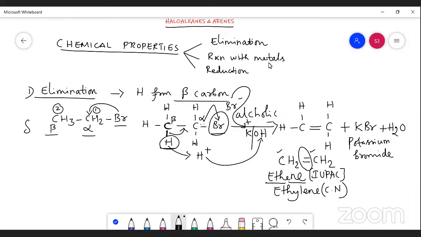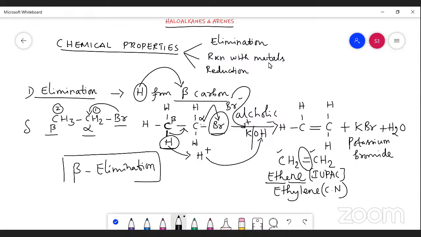Here I have taken a hydrogen from the beta carbon, right? Hydrogen from the beta carbon. So I can name this reaction as simple beta elimination. This is called a beta elimination reaction.